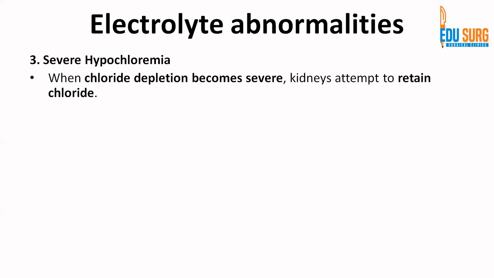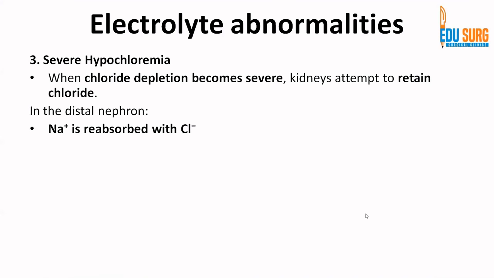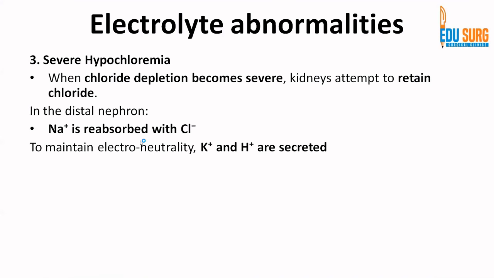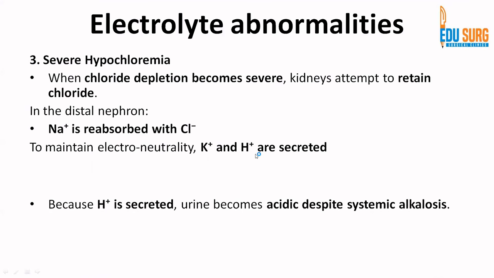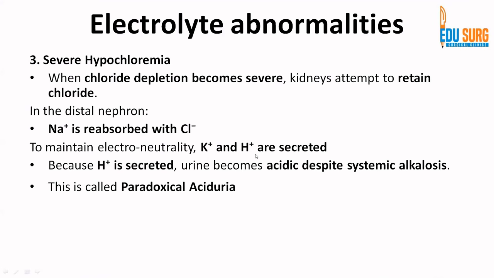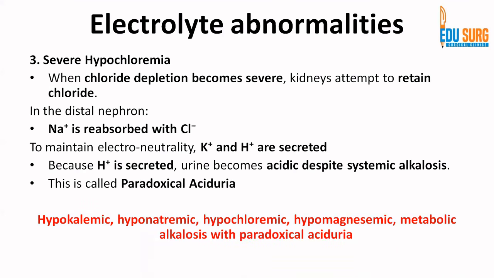With severe hypochloremia, kidneys attempt to retain chloride again in the distal nephron when sodium is reabsorbed. To maintain electroneutrality, potassium and hydrogen ions are secreted. So that is why this is paradoxical aciduria again. So two systems result in this phenomenon.